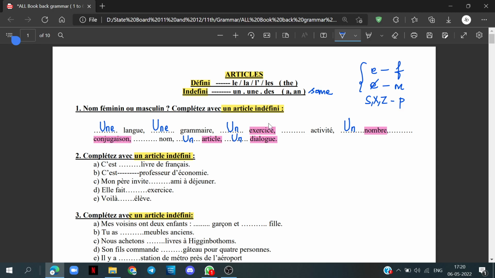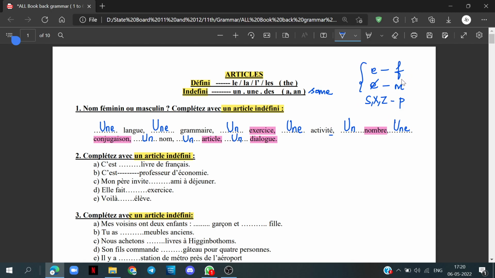So we have to consider this word as a feminine word: une conjugaison. Then activité, we can just consider it as a word with the e, so it's feminine. And nom does not end with the e, so it is masculine. So always remember the words which are exceptions in the book back exercises, as they will be repeated in the exams. So try to remember the words which are exceptions.